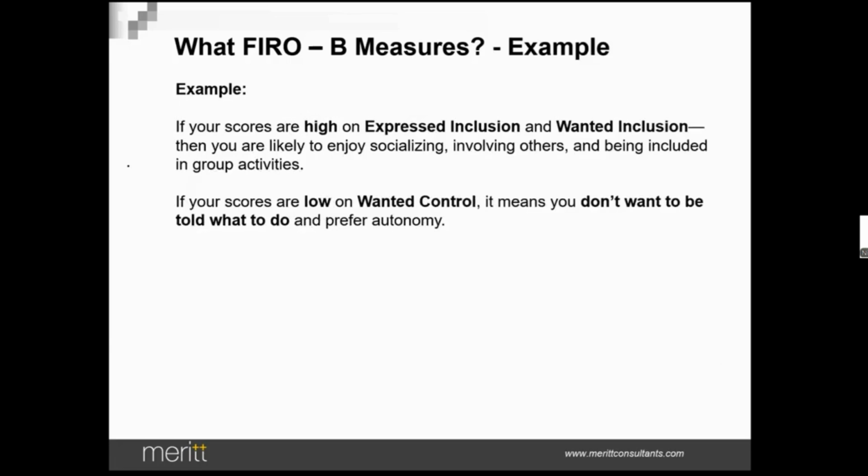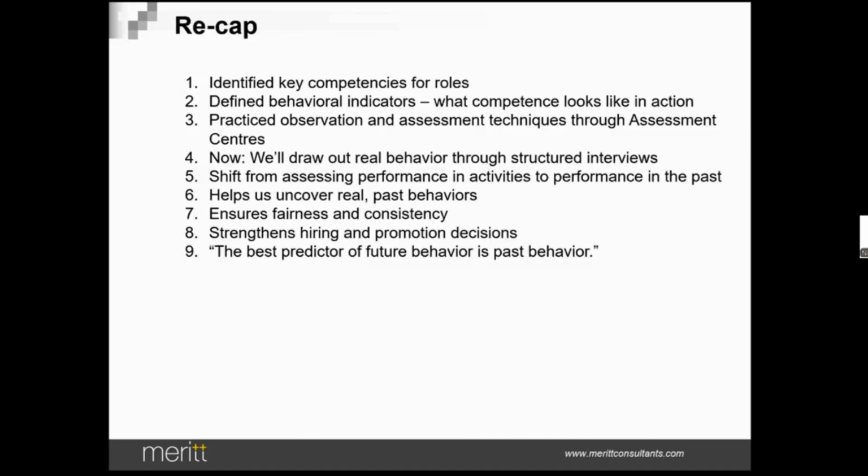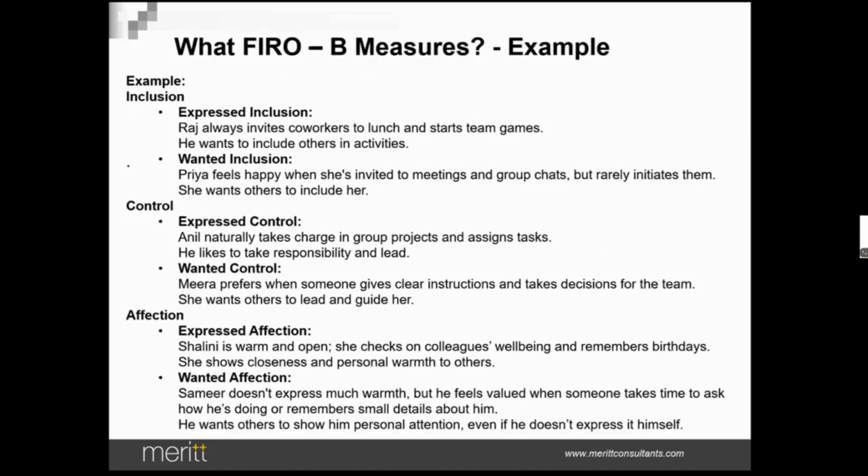Just to give you a little, there are certain examples I was speaking about. Say, for example, I'll just take control. Anil takes charge of group projects and assigns tasks. He likes to take responsibility and lead. That means his expressed control is there. Now wanted control.